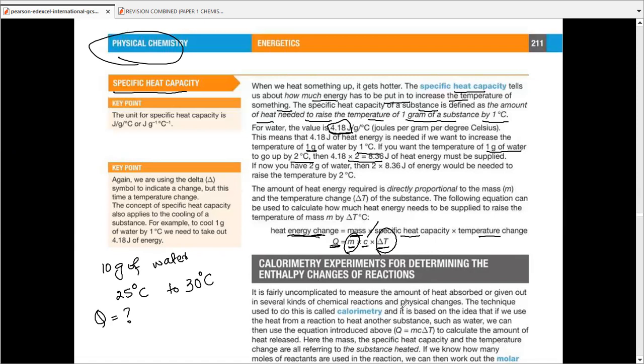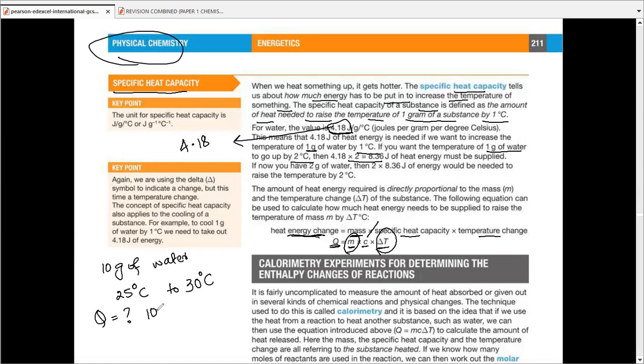So 10 times, 10 times what? The value of c, specific heat capacity, since that's a fixed number for water, and that is 4.18.